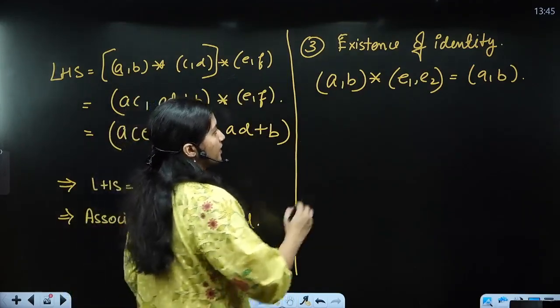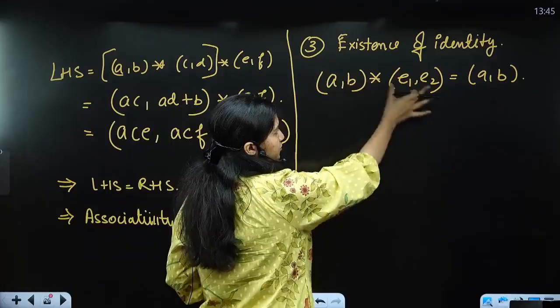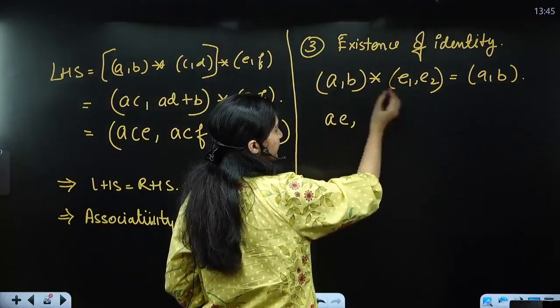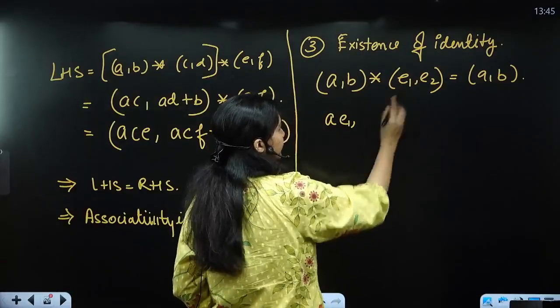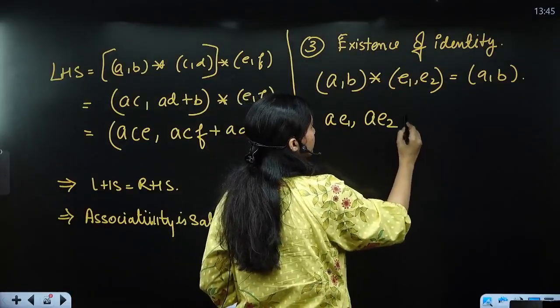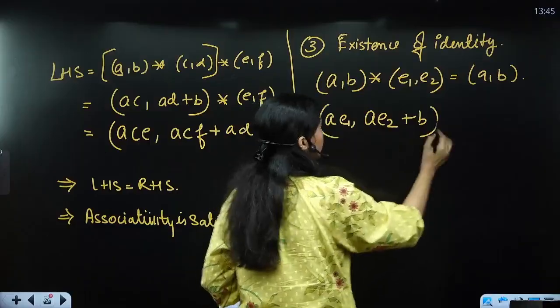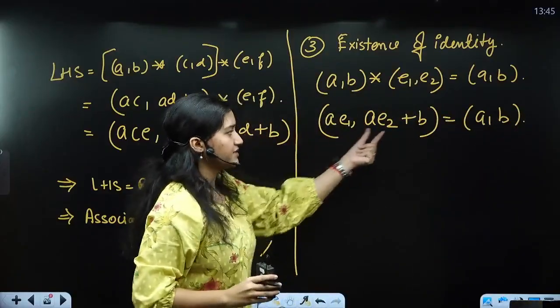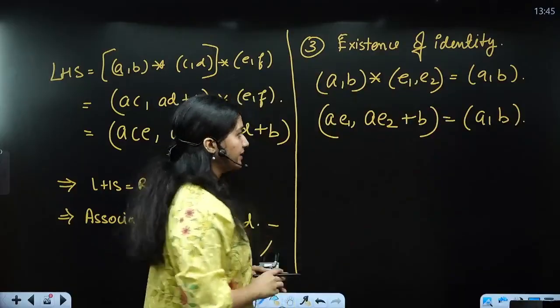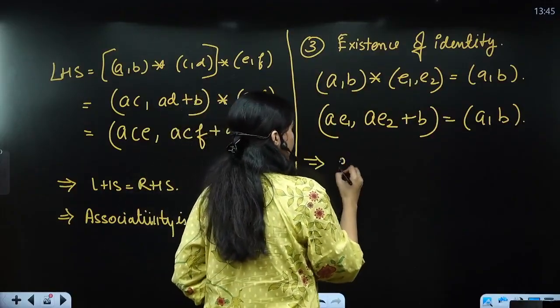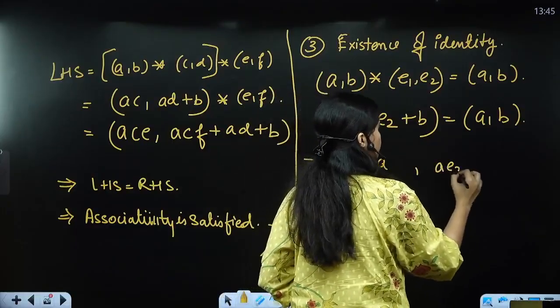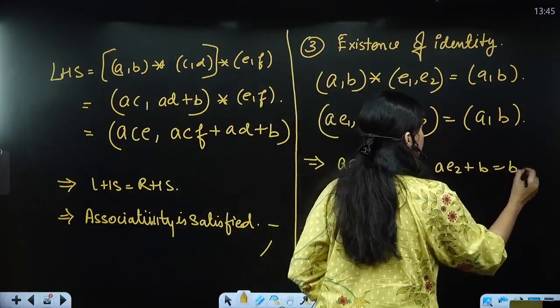So when we operate these two, what are the values going to be? (a e1, a e2 plus b). And since these are ordered pairs, the respective coordinates are going to be equal. So this implies that a e1 equals a and a e2 plus b equals b.